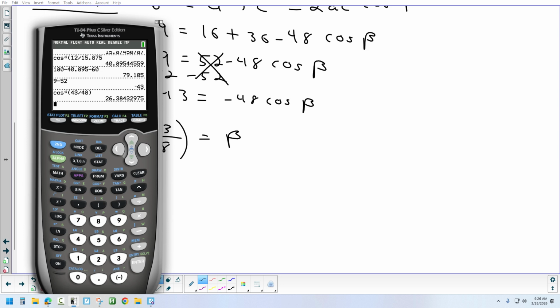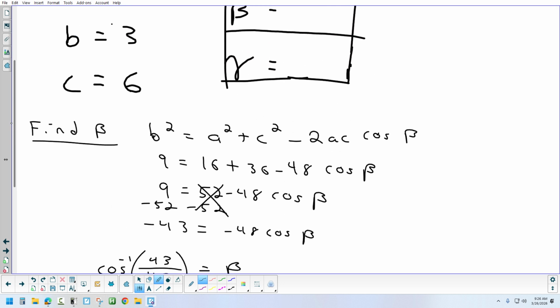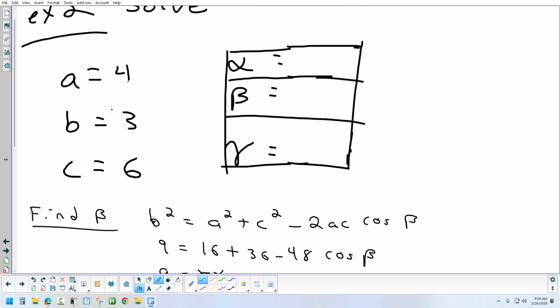So it's 26.384. So that's beta. Now we have to do law of cosines one more time.